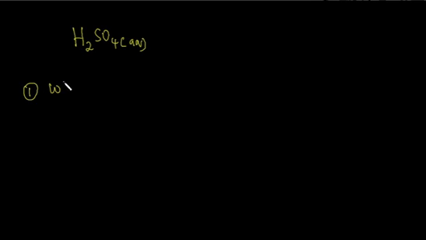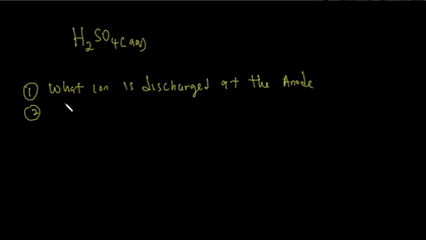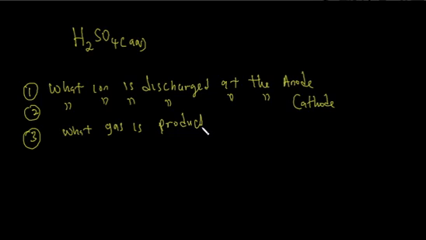Number 1, what ion is discharged at the anode? Number 2, what ion is discharged at the cathode? Number 3, what gas is produced at the anode?